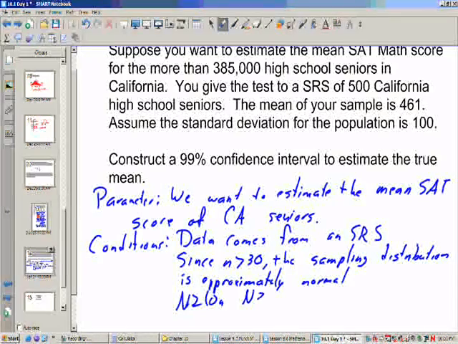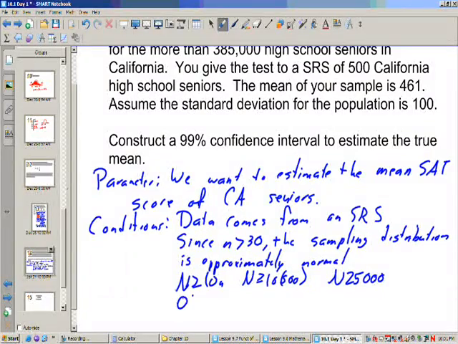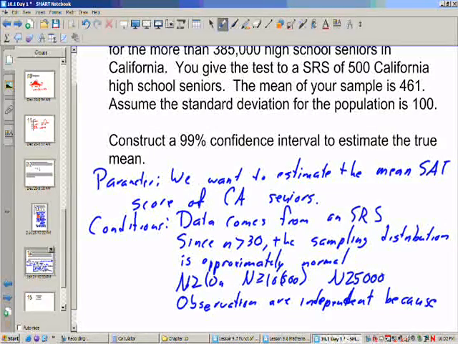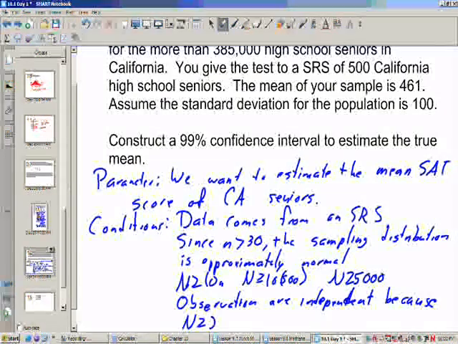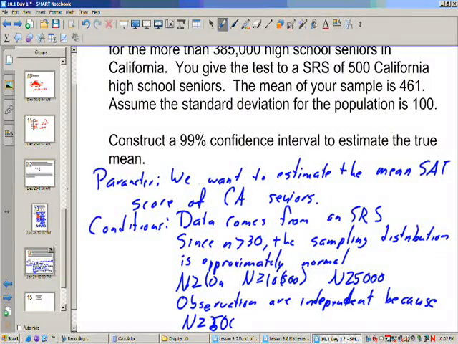So the population is at least bigger than 5,000. And it says that in the problem, so observations can be treated as independent, because big N is greater than 5,000.